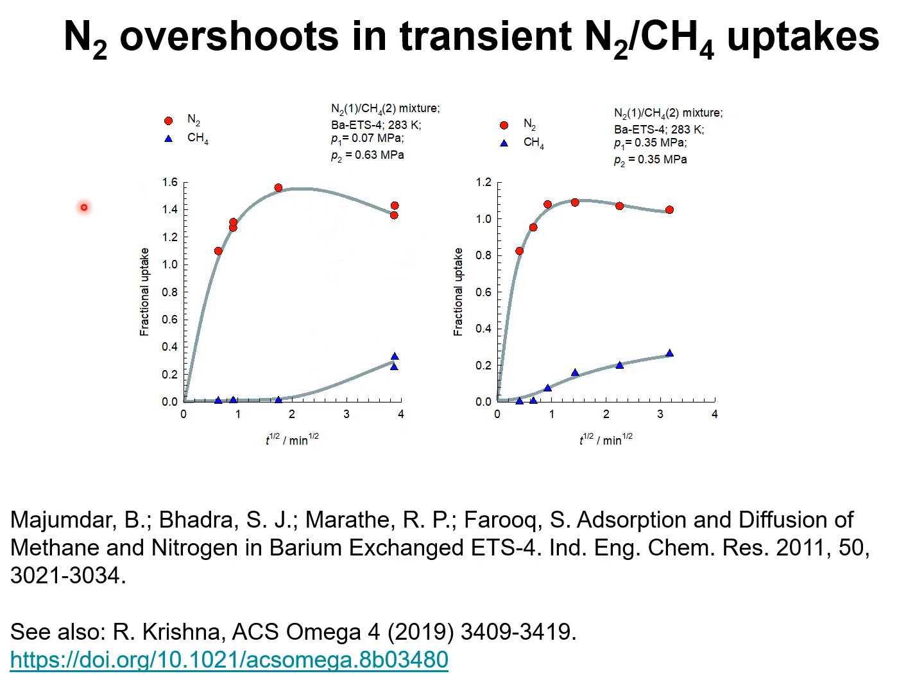These are the data for a mixture at 283 Kelvin with partial pressures of 0.07 megapascals for nitrogen and 0.63 megapascal for methane.